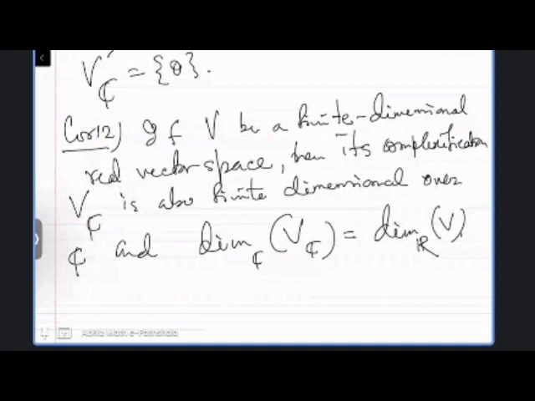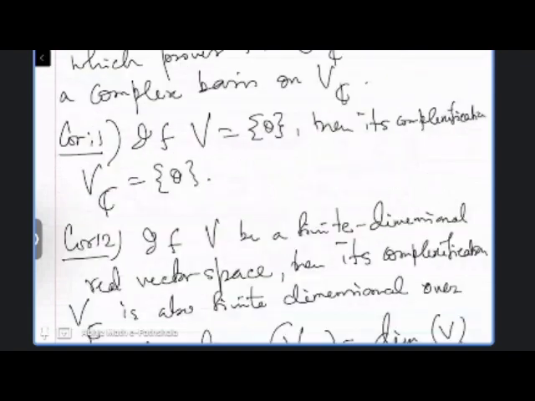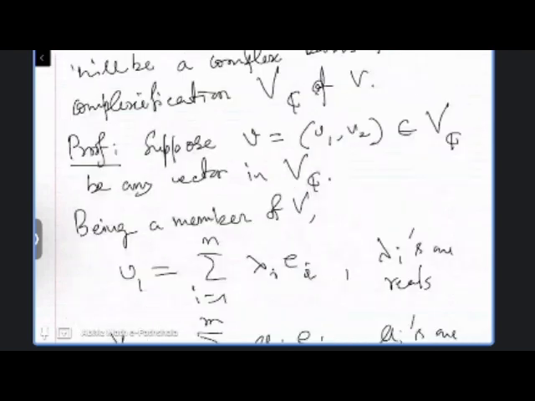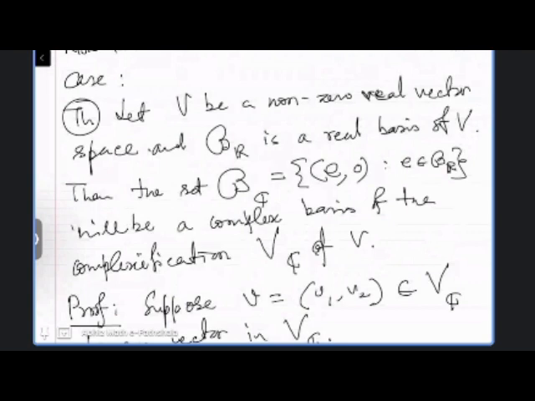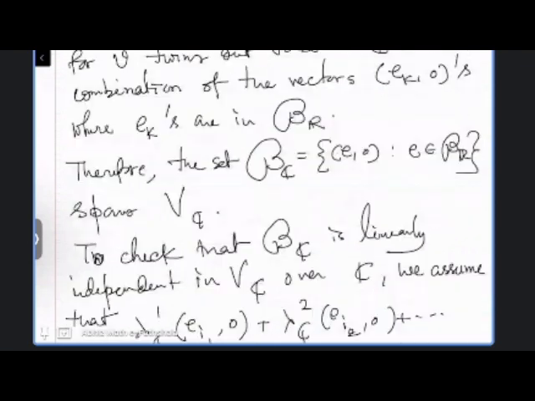Okay, and we have proved in this theorem that any real basis can be transferred to a complex basis just by taking the embedding, right? E goes to (E, 0). This embedding works here.